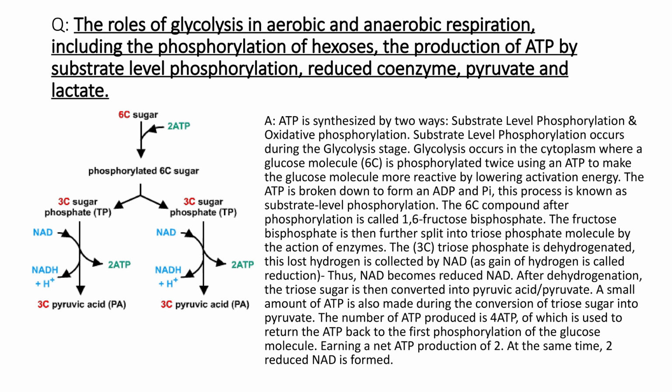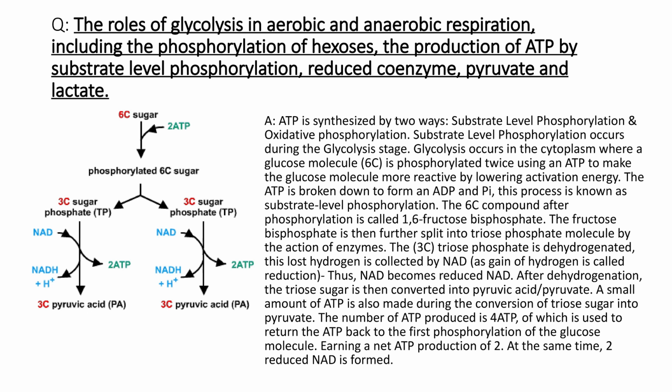The fructose bisphosphate is split into two triose sugar or triose phosphate molecules, and this occurs by the action of enzymes. The 3C triose phosphate is dehydrogenated, which means the triose phosphate loses a hydrogen atom.